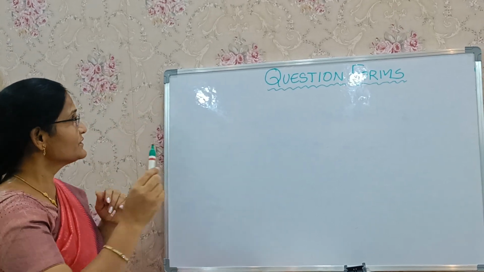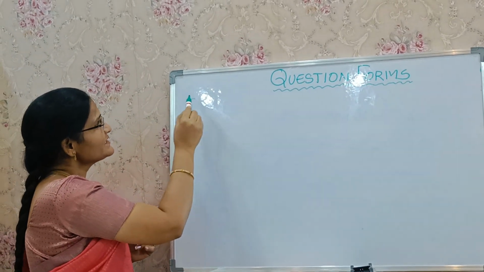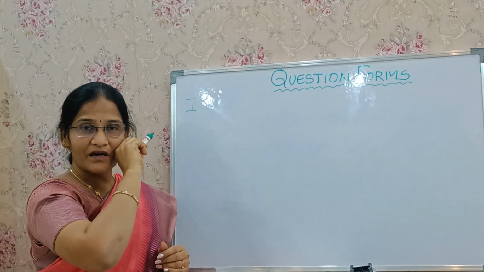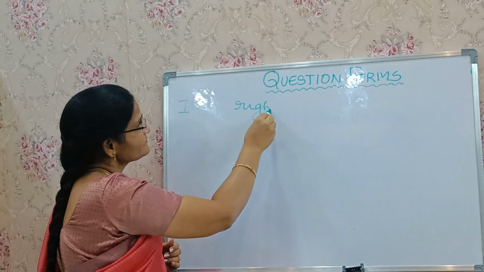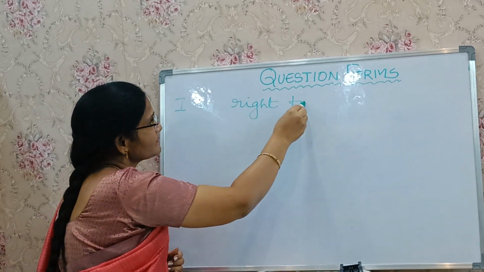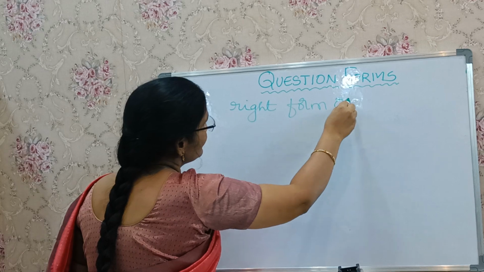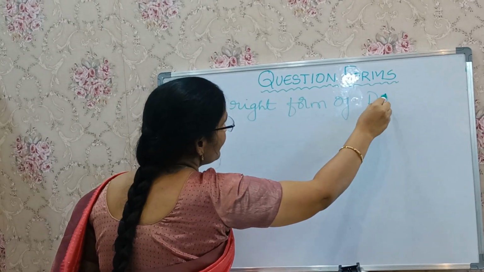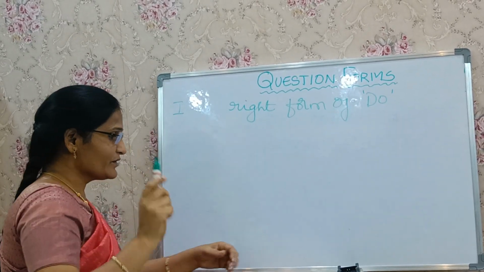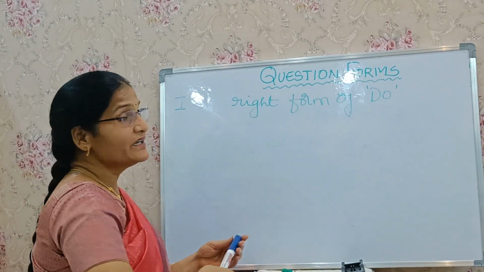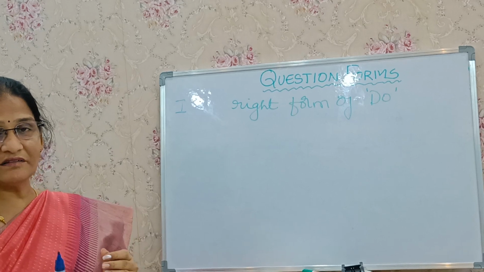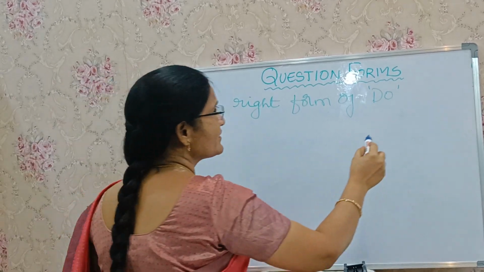Let us see. The first type, what I said, is you have to frame a question with the right form of do. When we get a question like right form of do, here we must know what the do forms of the verb are.